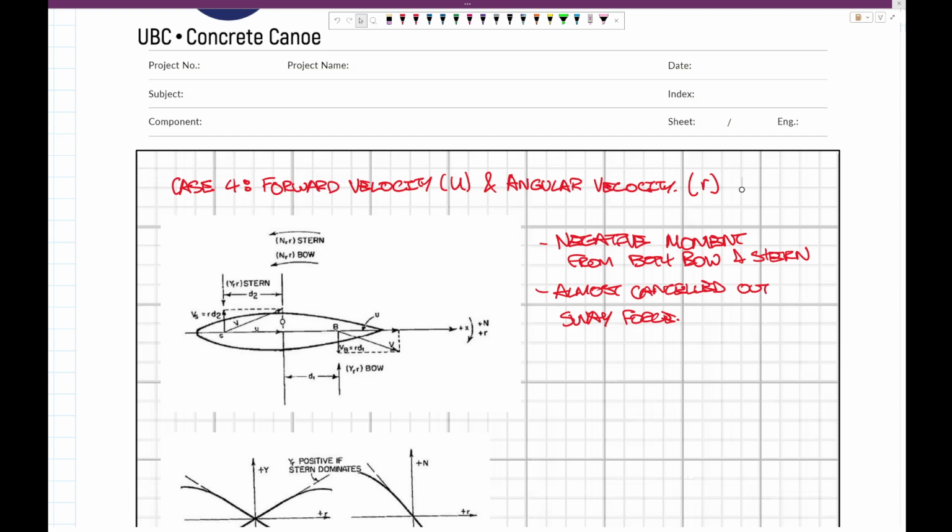If we break up this rotation here, if we take separate points in the bow and separate points in the stern and see the different forces that are going to be occurring there. We're going to be moving in this direction and this direction. So if we break it up, we're going to get this sideways velocity, obviously, because we're turning in this direction.